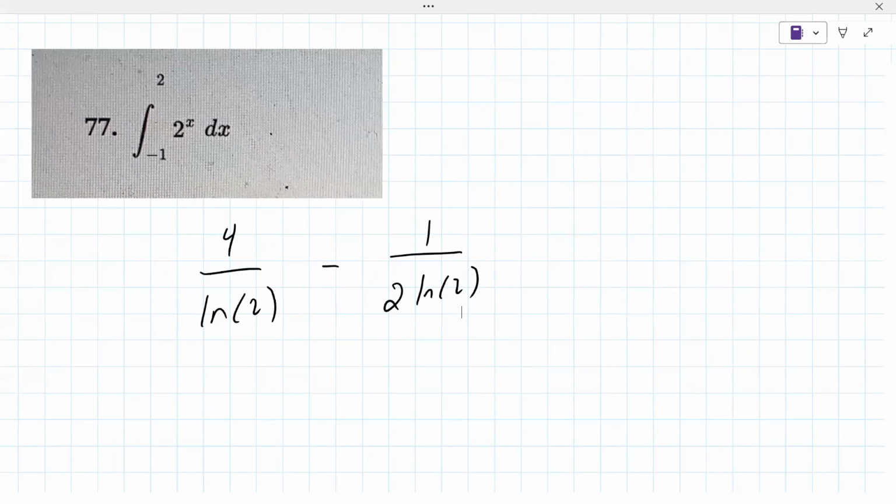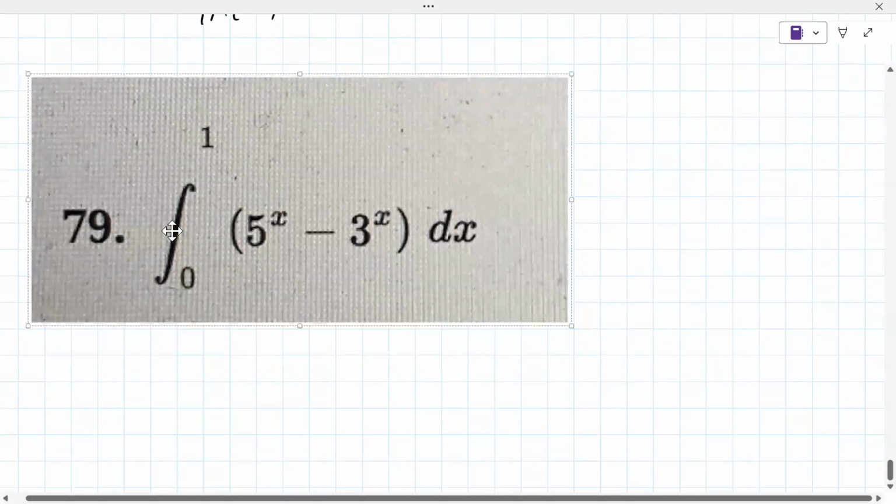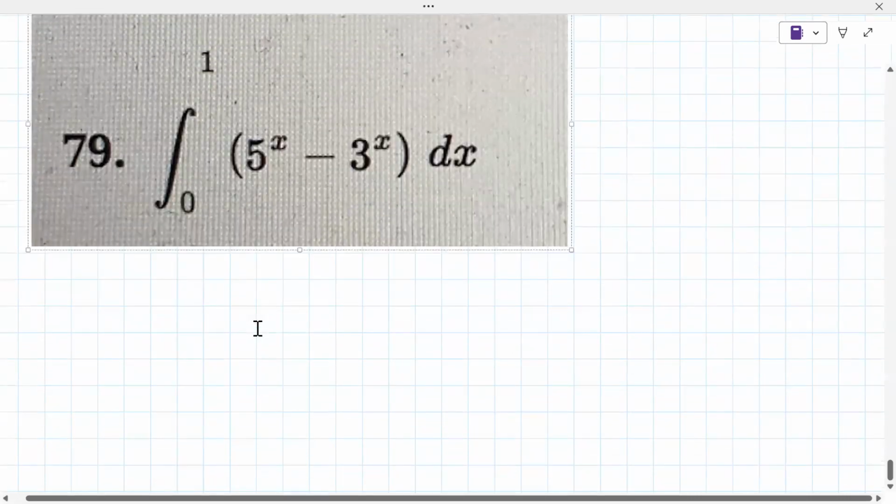Let's see, next one here. Okay. This is really similar to the last one. You might as well try this one on your own. It's just two separate integrals, one for 5 to the x, one for 3 to the x.